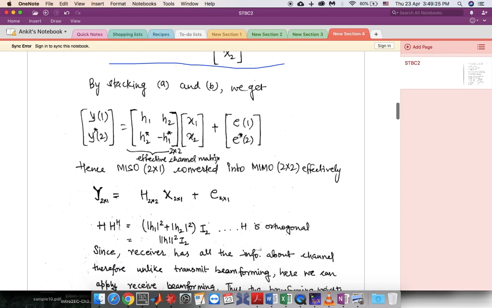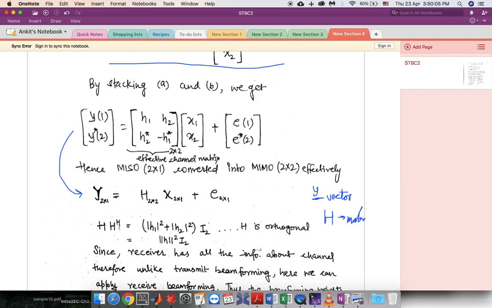In matrix form, we can represent this in a vector form. Generally, we denote a vector with a small letter having a dash or bar underneath it, and a capital letter like this, H, is a matrix.